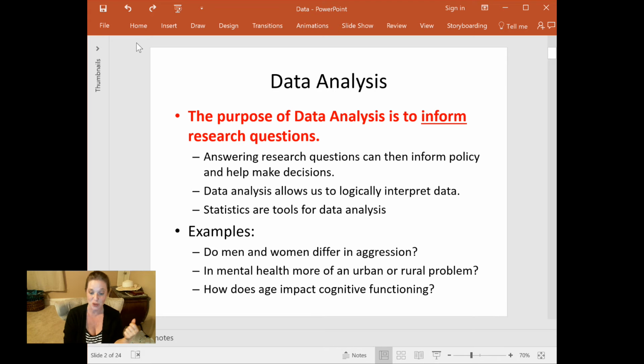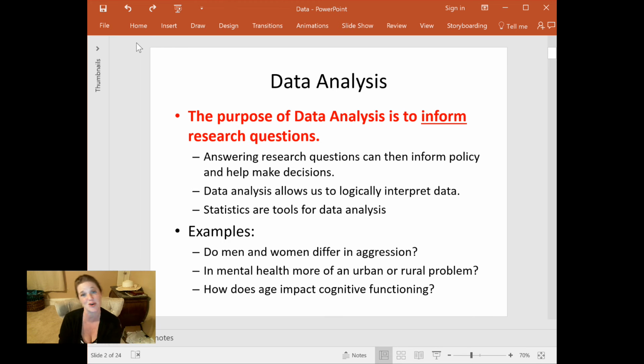Now, what is a research question? Well, a research question is sort of like this. Do men and women differ in terms of aggression? That is an example of a research question that a social scientist might ask. It's an interesting question. And in order to answer that question, we're going to have to gather information about aggression from both men and from women.